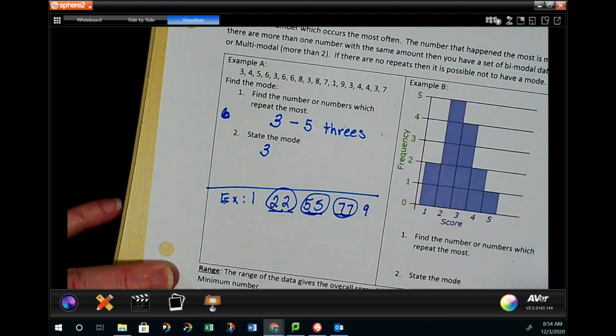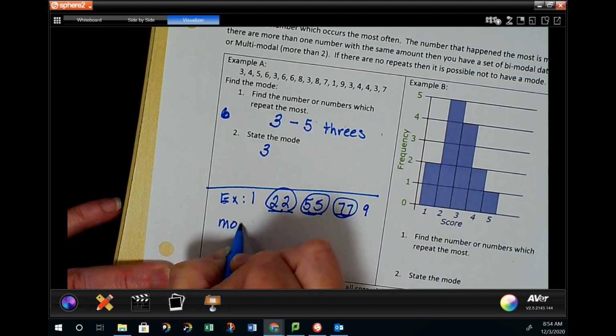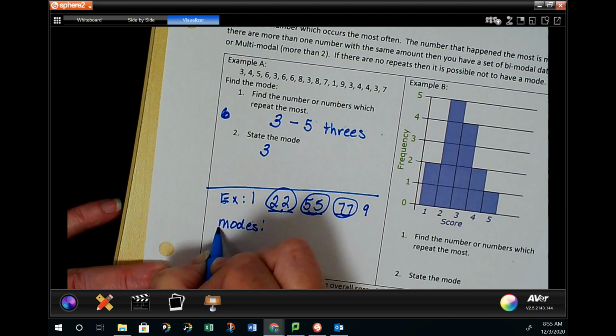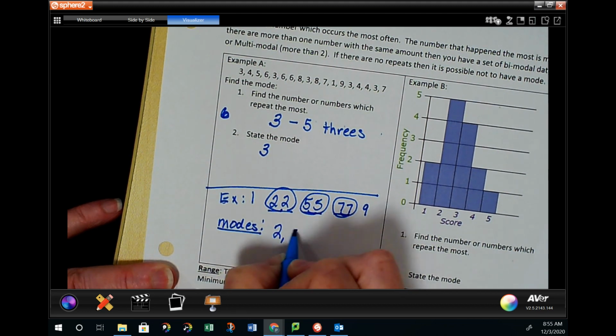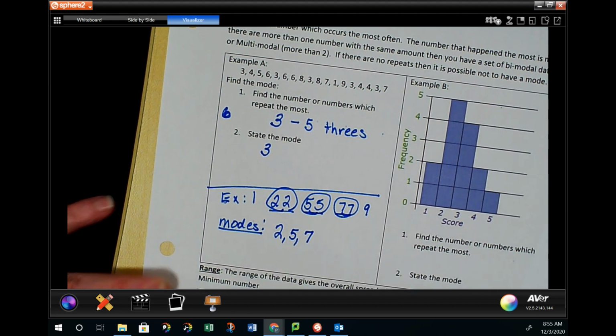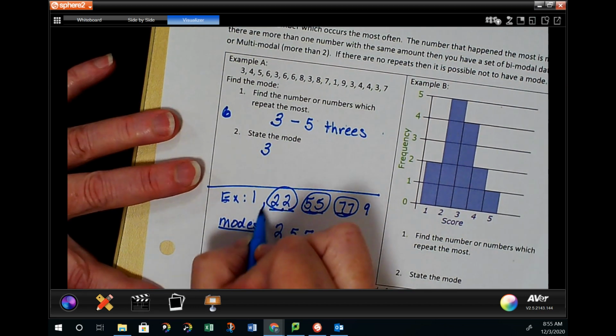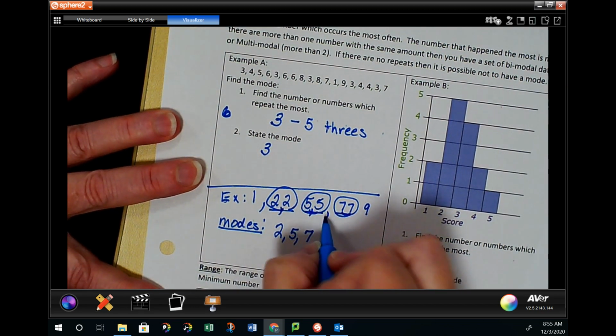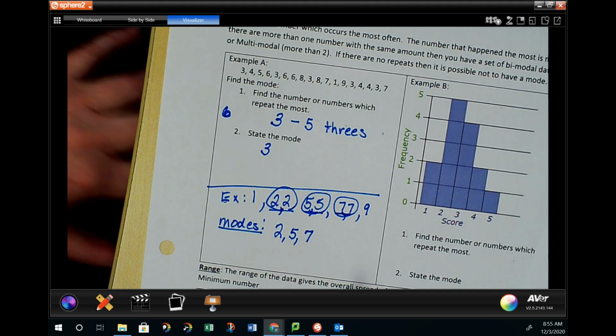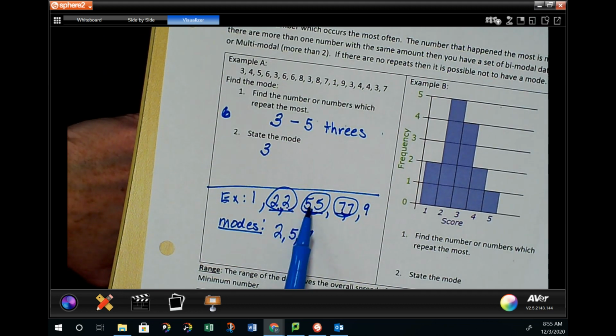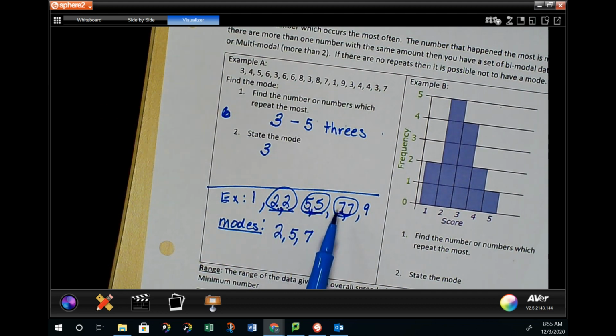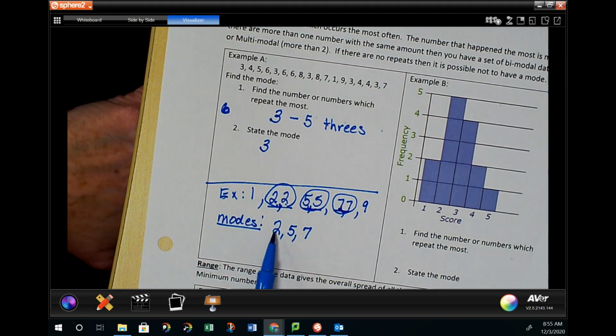You can have multiple modes. Your modes would be 2, 5, and 7 in that case. They all have 2 of them, and they repeat. So you can have multiple modes.